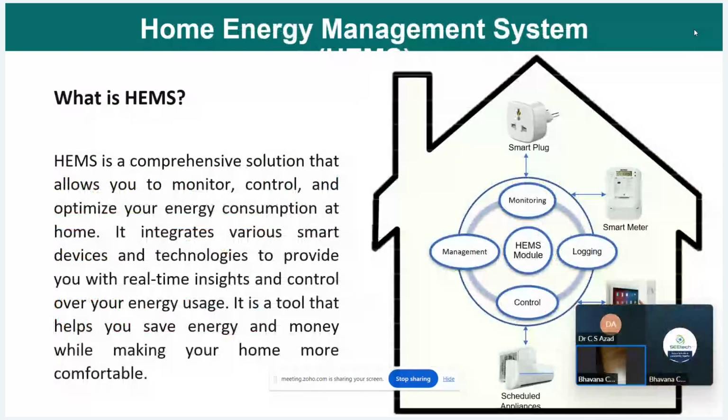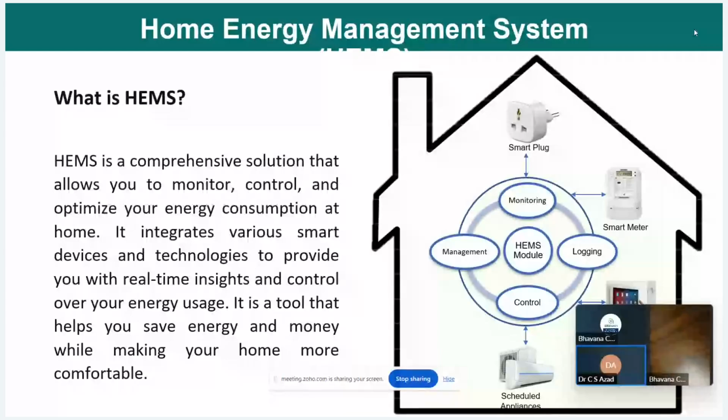Okay. And the next interesting idea is the home energy management system. A home energy management system is a comprehensive solution that allows you to monitor, control, and optimize the energy consumption of the home.